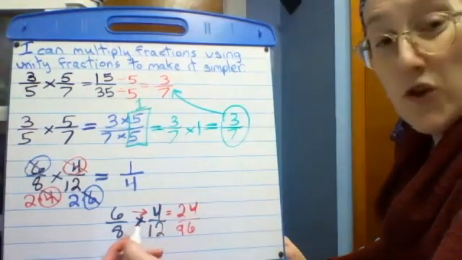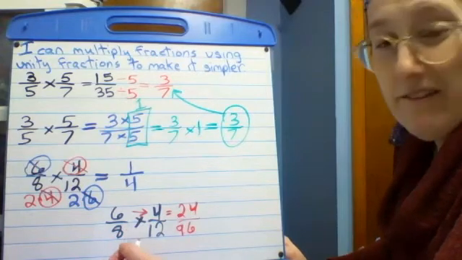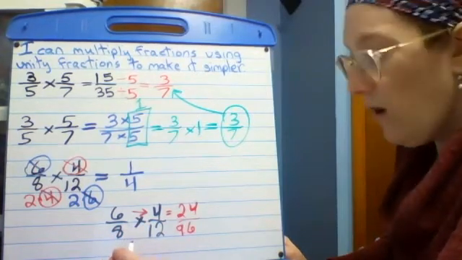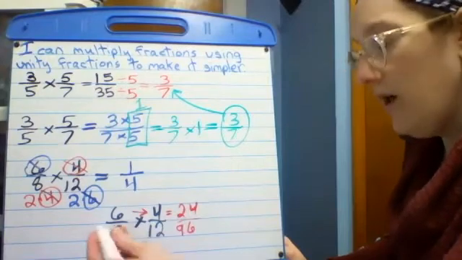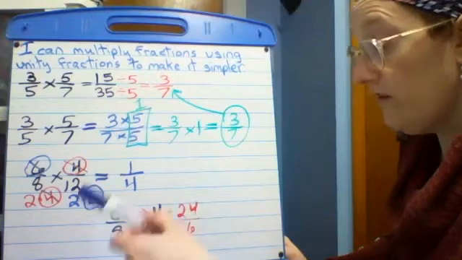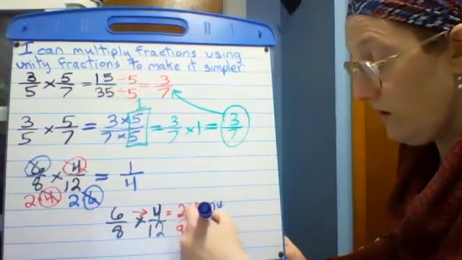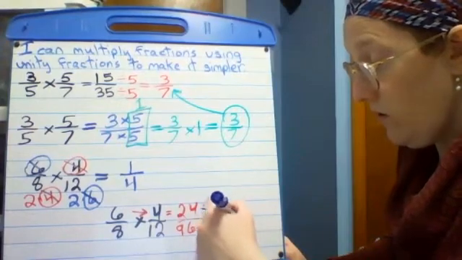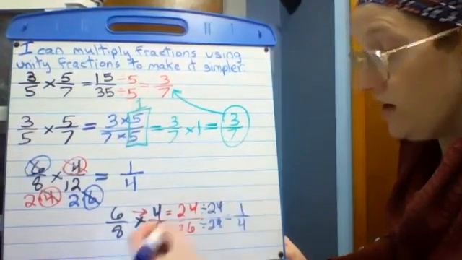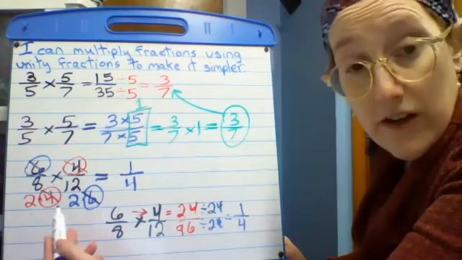But of course, you couldn't leave it 24 over 96. You'd be thinking, oh, I have to simplify now. What can I divide 24 and 96 by? Well, they're both even. I don't know. Truth is, we do know you can divide them both by 24 because we know that it's equal to 1/4. So would you rather have to go through this simplifying, or you can simplify it right there?